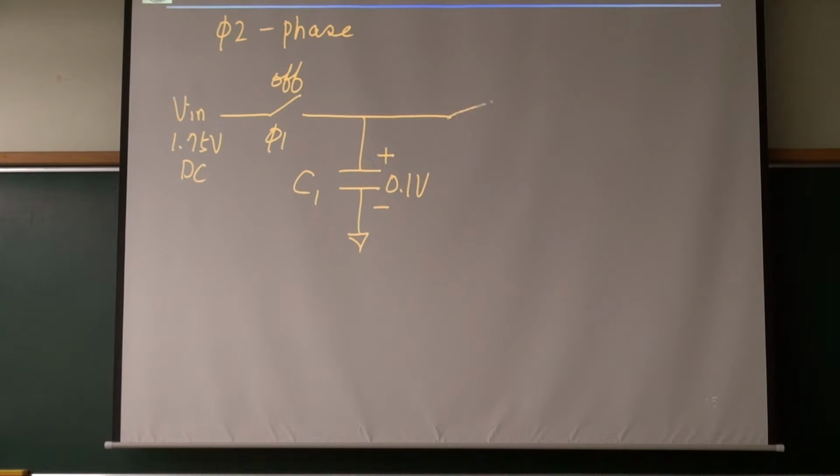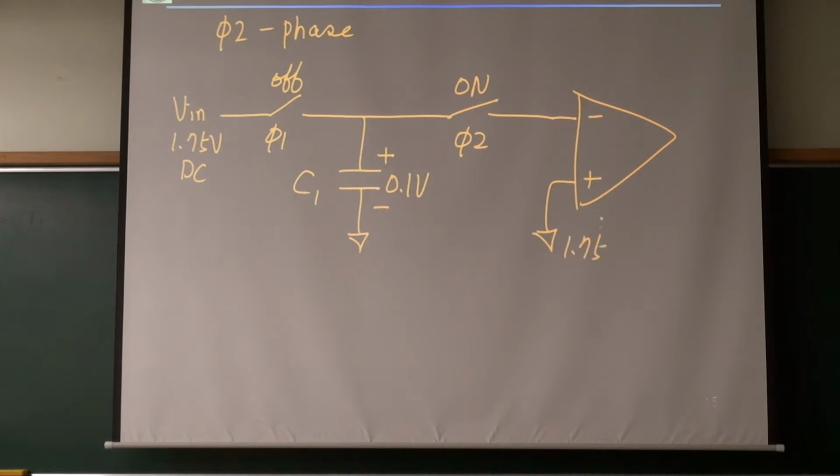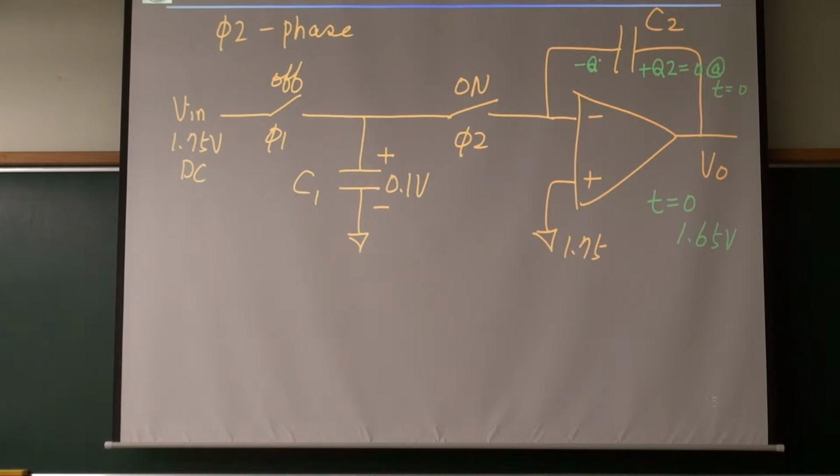So yeah, this phi 2 is turned on, and then, oh, this is on. So at t equals 0, VO was 1.65 volt. Q2 was 0 at t equals 0, right? Q2 was 0.